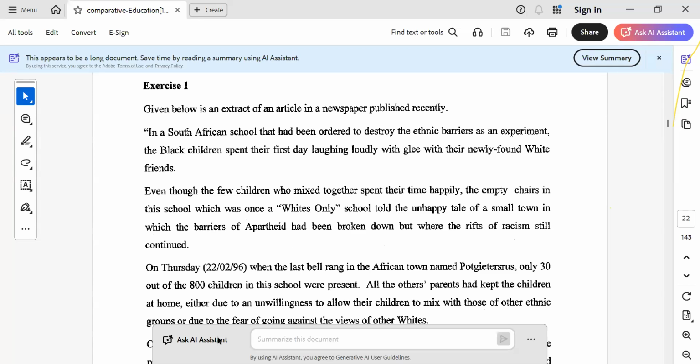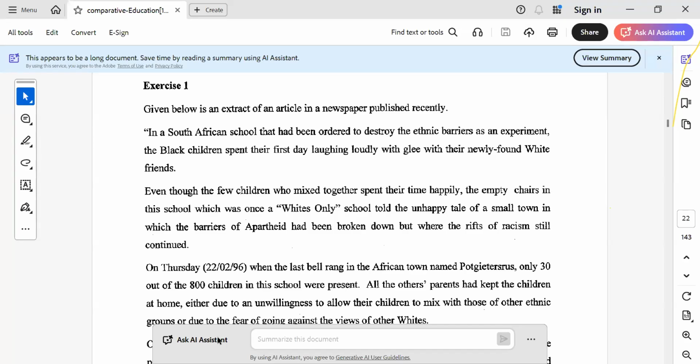Even though the few children who mix together spend their time happily, the empty chairs in the school, which was once a whites-only school, told the unhappy tale of a small town in which the barriers of apartheid had been broken down, but where the rifts of racism still continue.